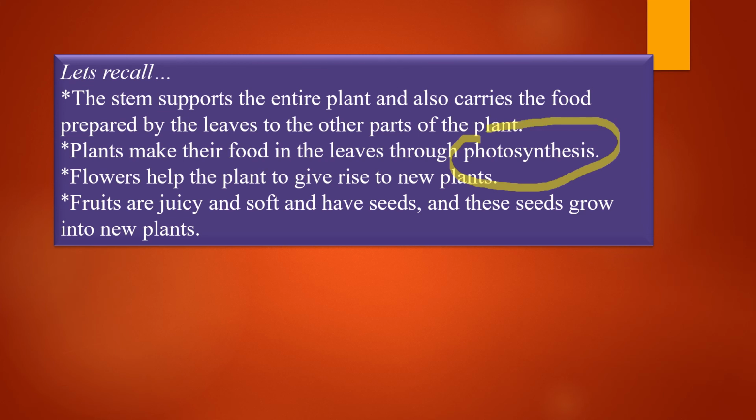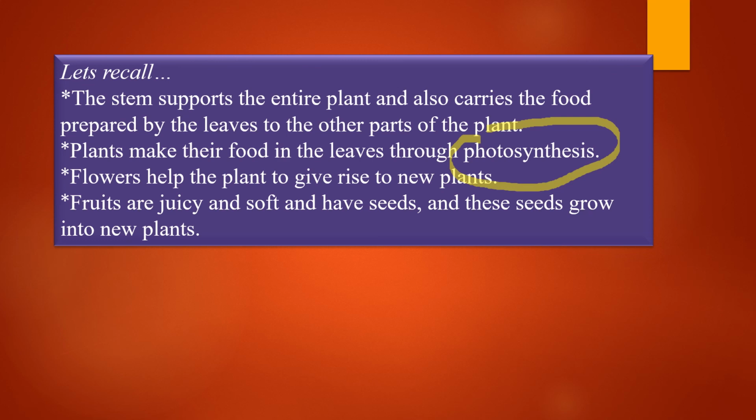So next one. Flowers help the plant to give rise to new plants. Most of the flowers grow into fruits. After the autumn season, many plants give flowers. From those flowers, many fruits start growing. So flowers give rise to new plants.